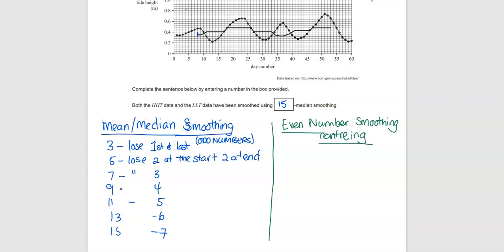So with the even numbers and the centering, if you have 2 mean with centering, you lose 1 at each end. And then if you have 4, you lose 2; 6, you lose 3; 8, you lose 4; 10, you lose 5 each end; and 12. So just in case they decide to do that one, a graph, they might have the mean or something, they'll say how many you're going to lose. So you've got that there.